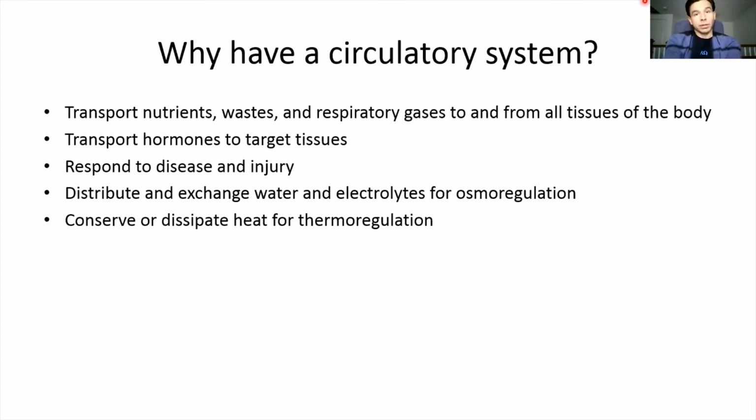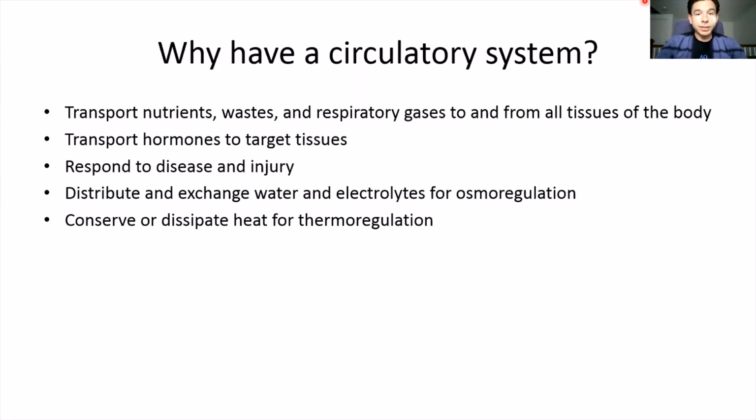But to answer the first question, why do most animals need a circulatory system? Well, let's see what the circulatory system does. The circulatory system transports nutrients, wastes, and respiratory gases to and from all tissues of the body. It also transports hormones to target tissues. It responds to disease and injury.